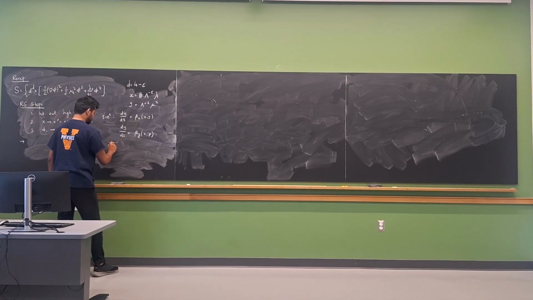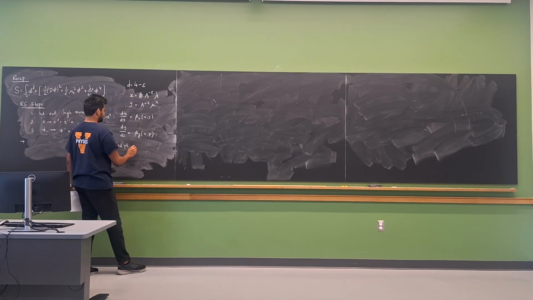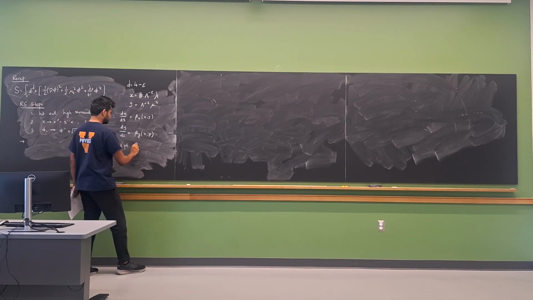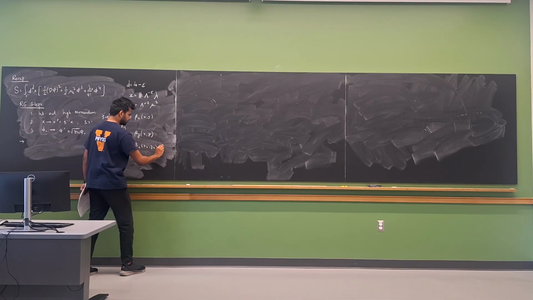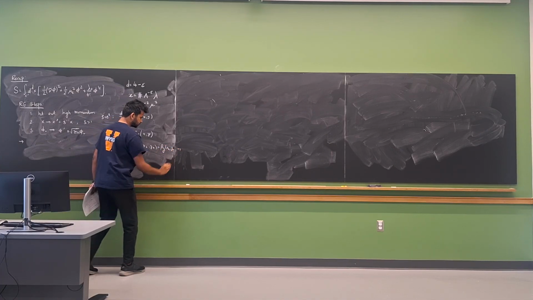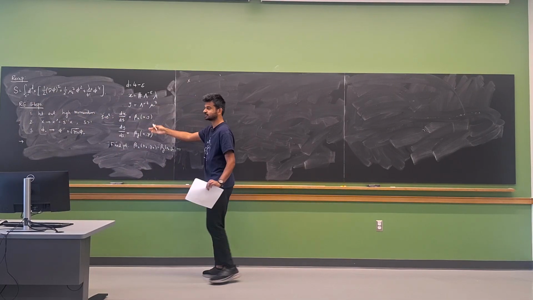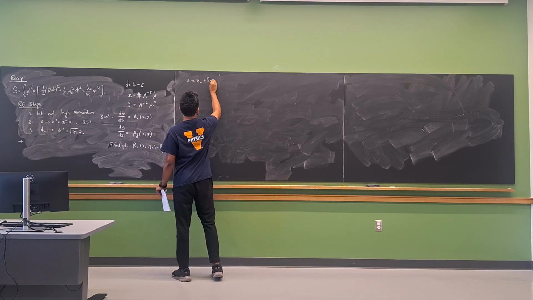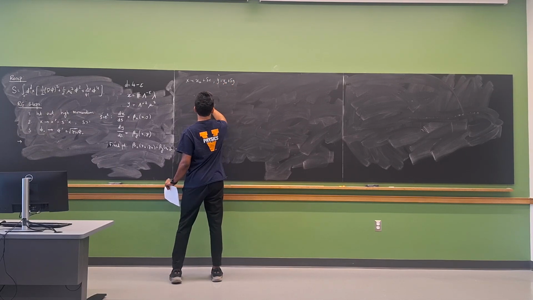So fixed points is when dx by ds and dy by ds are 0. So we need beta x of some x star, y star equal to beta y of x star, y star equal to 0. And near a critical point, we linearize this differential equation. x equal to x star plus delta x, y equal to y star plus delta y.